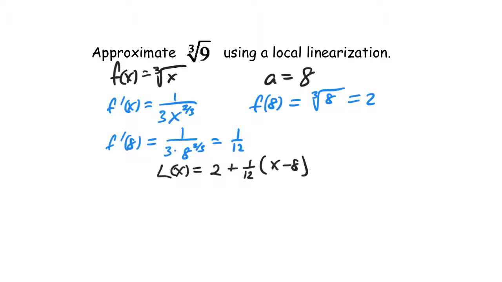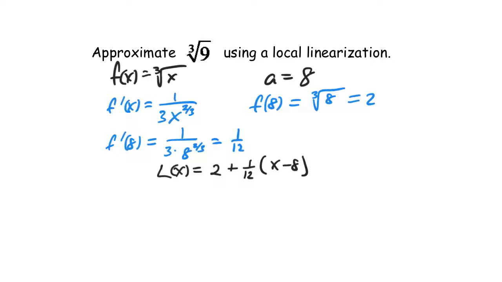Okay, so if you did your linear approximation correct, you should have 2 plus 1/12 quantity x minus 8 as your L of x. And now we're going to actually do what we set out to do, which is now to plug 9 in for x and get an approximation. All right?